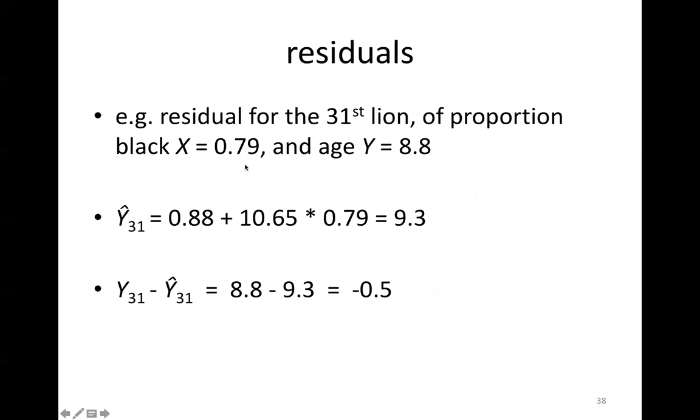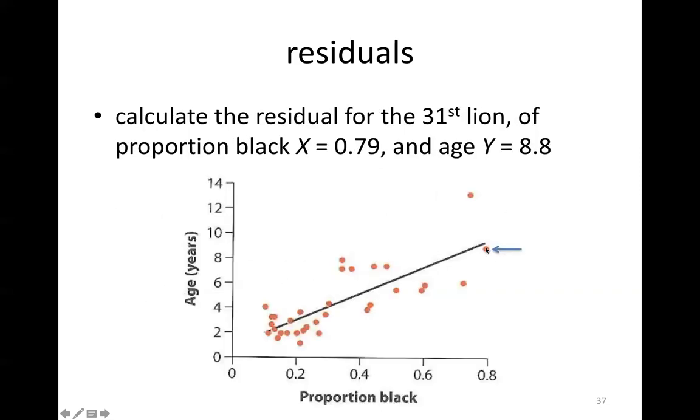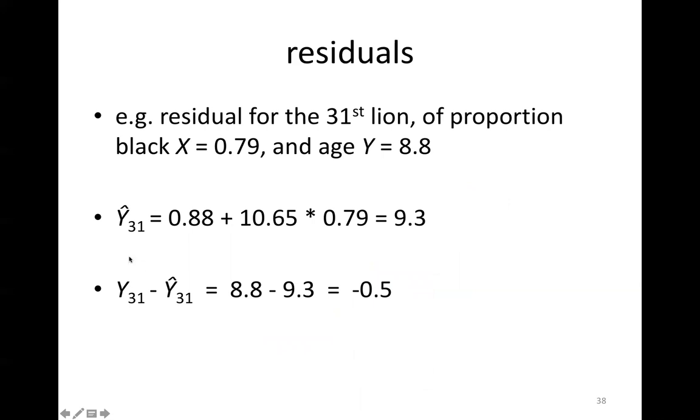So to calculate the residual for that individual, the 31st individual, we would be calculating the estimated value based on the regression line here, which is y hat of the 31st lion, our regression formula, and as input the proportion black of the last lion, 9.3, and the difference between the observed value and the predicted value is the residual.